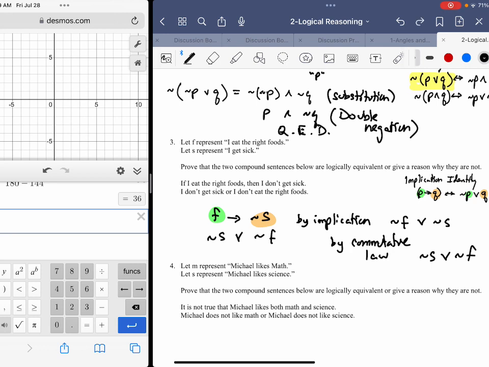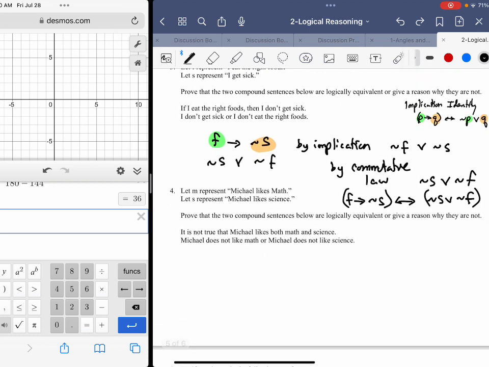So you could say, therefore, F implies not S is the same as not S or not F, or you could say QED. As long as you have your justifications there, throwing in a QED is fine. It's just really me having an idea that you know that you've reached the end of the proof.